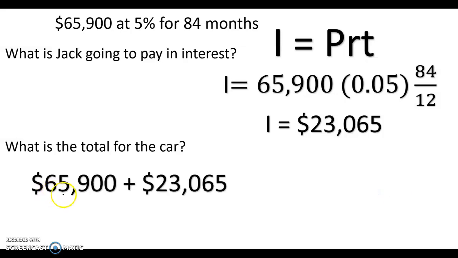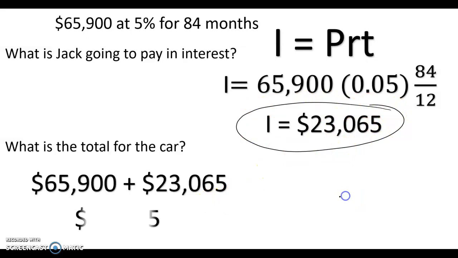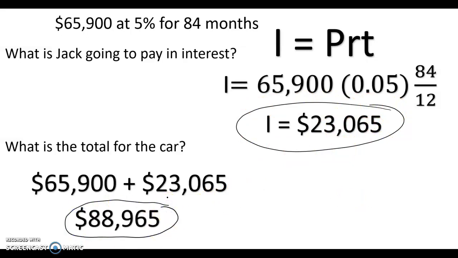So if you take the 65,900 plus the 23,065, when we add that up, that car is going to cost him $88,965.